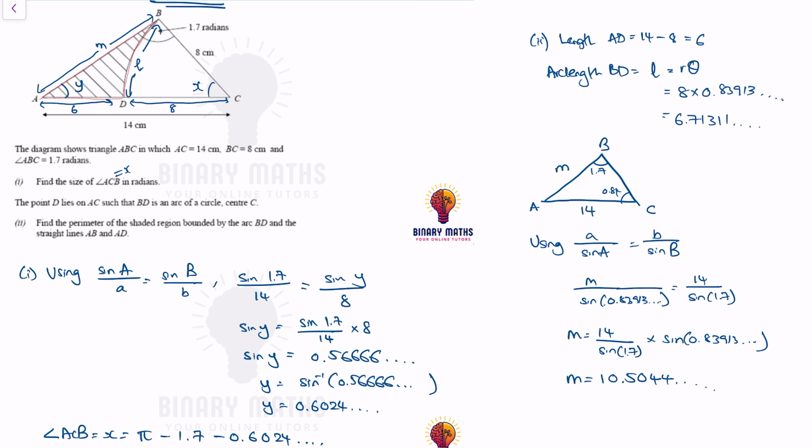So the perimeter of the shaded area will be equal to 6 plus M plus L, as I said before, which is equal to 6 plus 10.5044... plus 6.71311..., which gives me a value of 23.2175..., which to two decimal places will be 23.22.